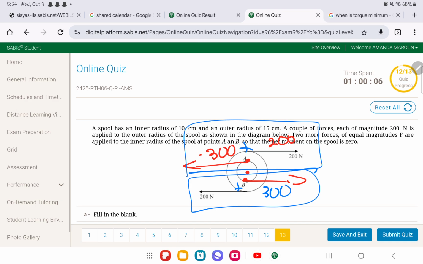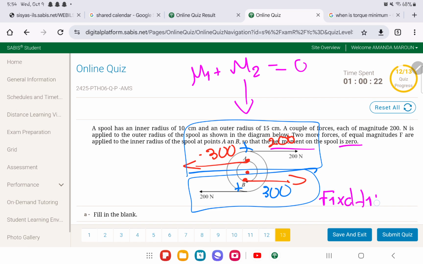So let us say we took the ones on top. What's the rule to find the net moment? It is moment 1 plus moment 2, here in this case, is equal to 0. So force 1 multiplied by perpendicular distance 1 plus force 2 multiplied by perpendicular distance 2, okay, is equal to 0. So now let us substitute. Here is where we need to use the positive and negative forces.